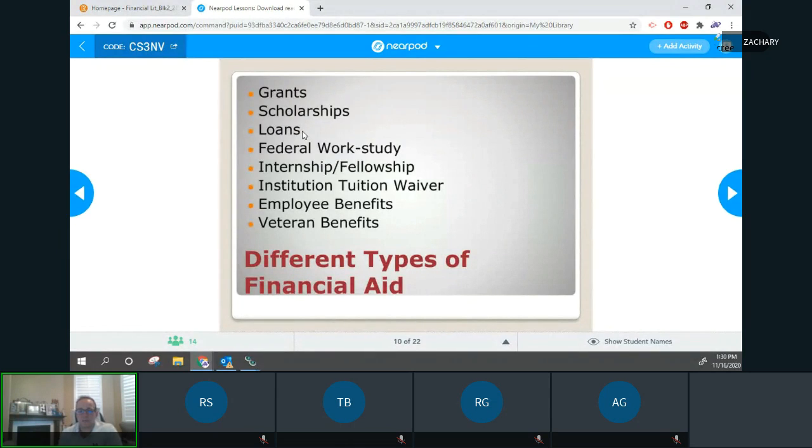Employee benefits. If you're working at a company, some companies will reimburse you your tuition as you're paying for it, or after you get your degree, if you stay for an extra so many years and it's worth it to the company, they'll actually reimburse you what you paid for school, for your classes.